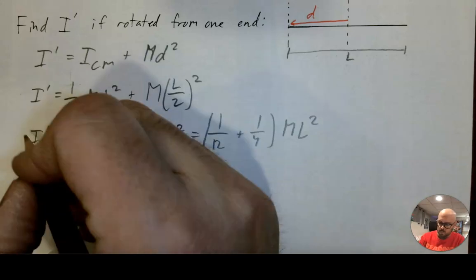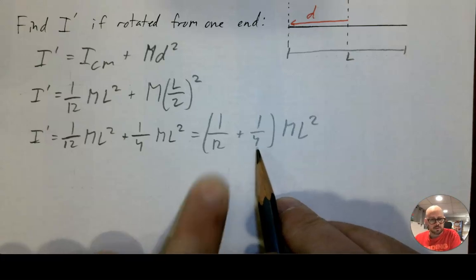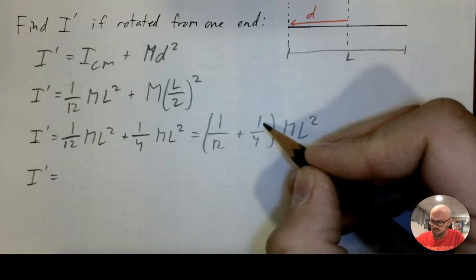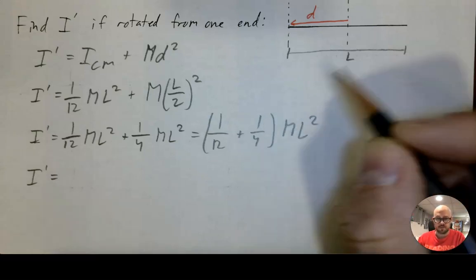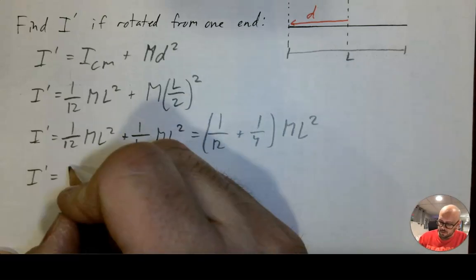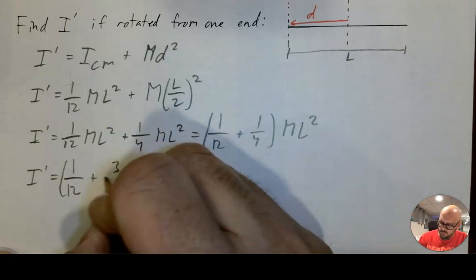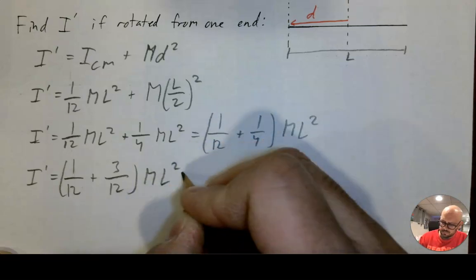Some of you are much more skilled with fractions than I am, so I'm going to go a little bit slower. I need to make these two fractions have the same denominator. So I'm going to take 1/4, and I'm going to multiply that fraction by 3 over 3. That will give both fractions a denominator of 12. So 1/12 plus 3/12 mL squared.